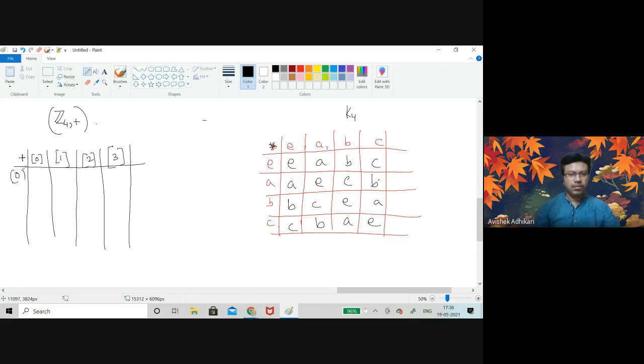Here also class 0, class 1, class 2, class 3.